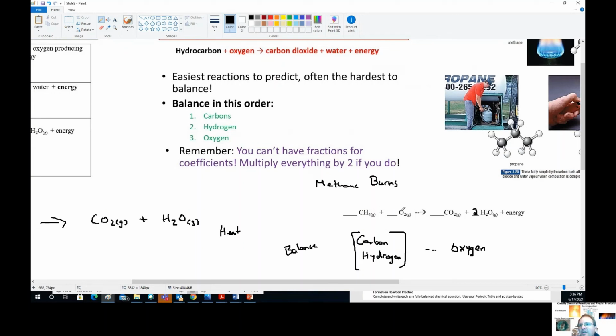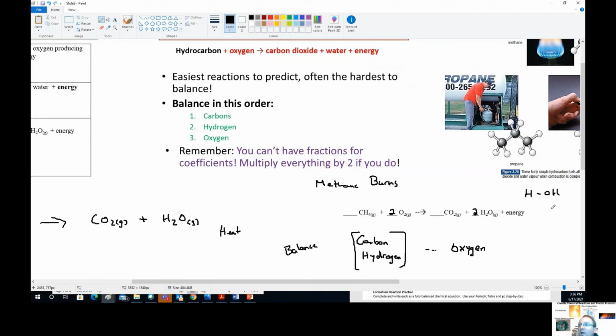How many oxygens on this side? 2. How many oxygens here? 2 plus 2. Okay, there's 4. So on this side, put a 2. Now I've got 2 times 2, 4 oxygens there. I've got 2 plus another 2, because remember, this means 2 waters, HOH.